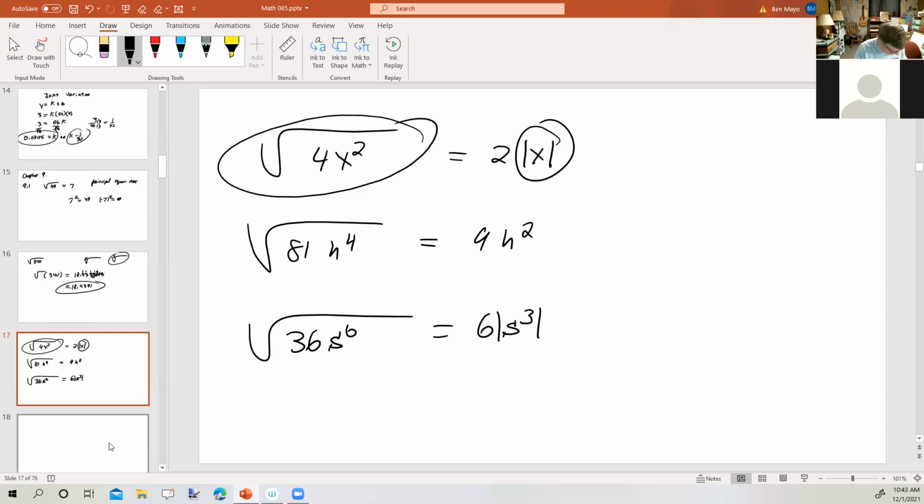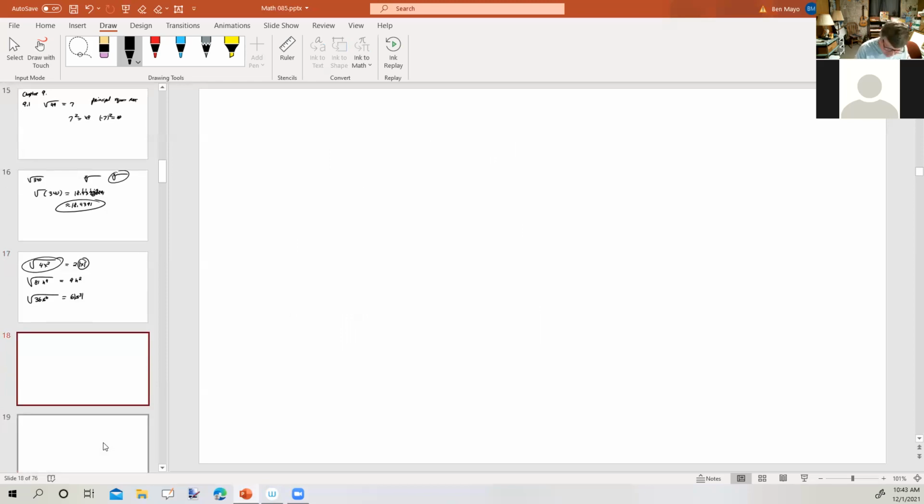Let's see. Oh, let's talk about domain. We've got f of x equals the square root of x plus 6. Now, you can't take an even root of a negative number. Since this function is asking for the square root, that's an even root of x plus 6. X plus 6 can't be negative.